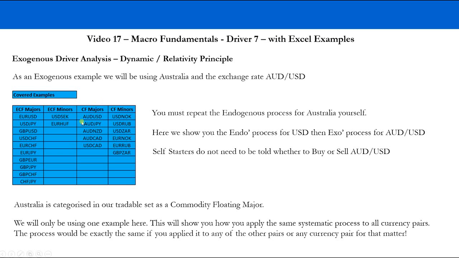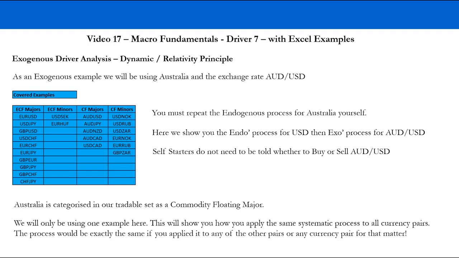And the value of these currencies is very much weighted towards the value of one or two factors, so one or two commodities. And Australia, the Australian dollar, is categorized in our tradable set as a commodity floating major.